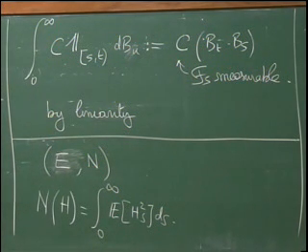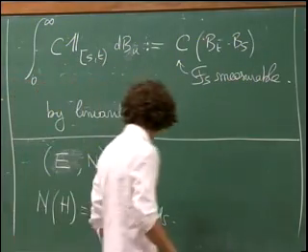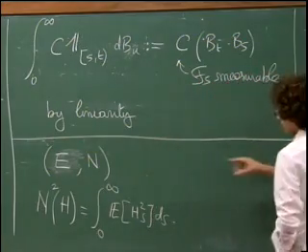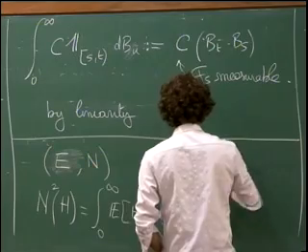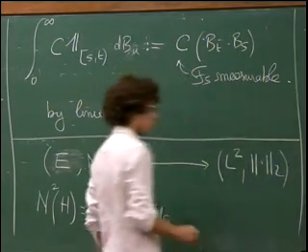So that's a norm. I mean, I should perhaps take the square root somewhere, but okay, let's say this is the norm squared. So this will be the starting set, and I will go to the following target set, which is just L2 with norm 2.